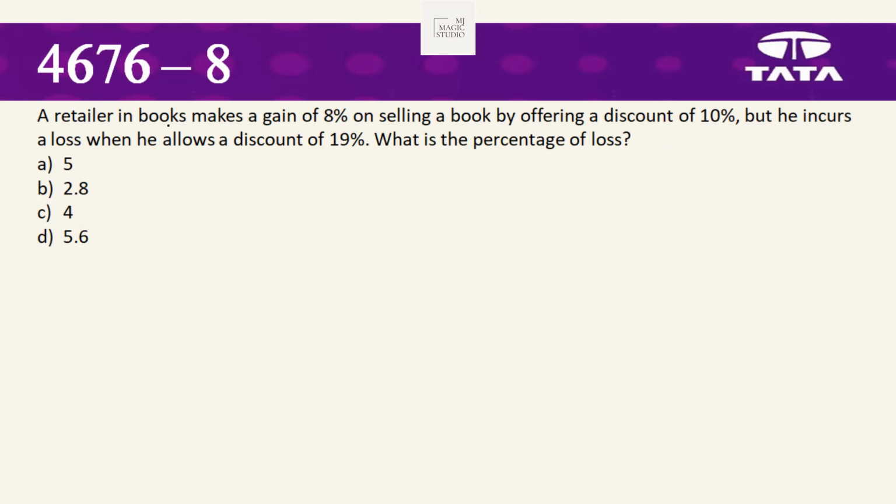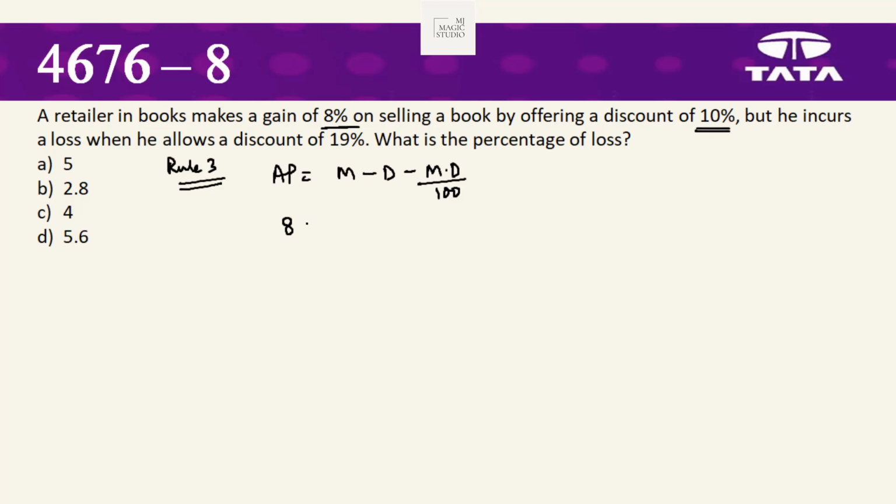A retailer in books makes a gain of 8% on selling a book by offering a discount of 10%. He has offered a discount of 10%, yet he was able to make a profit of 8%. We are again back to our rule 3. Actual profit equals M minus D minus M into D by 100, where M is the marked up.